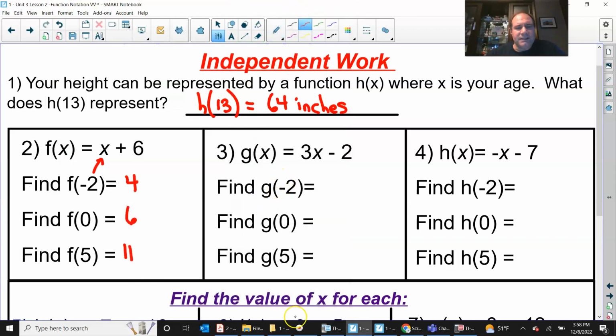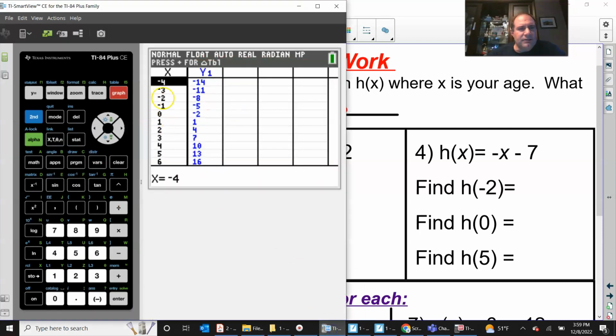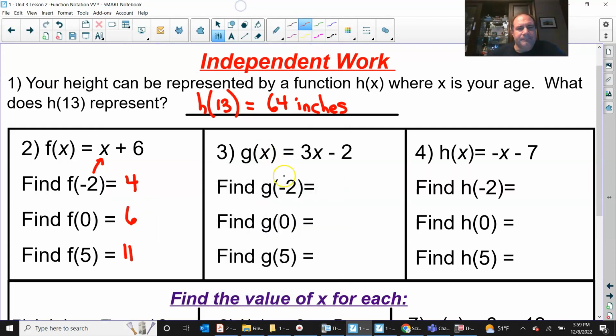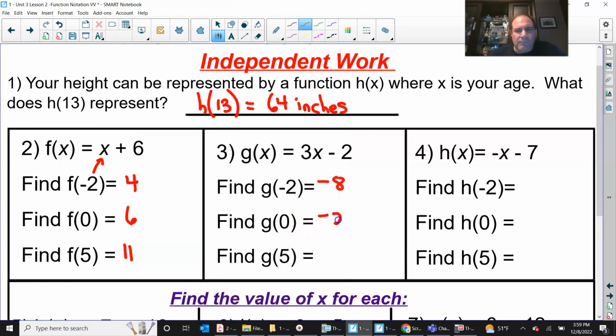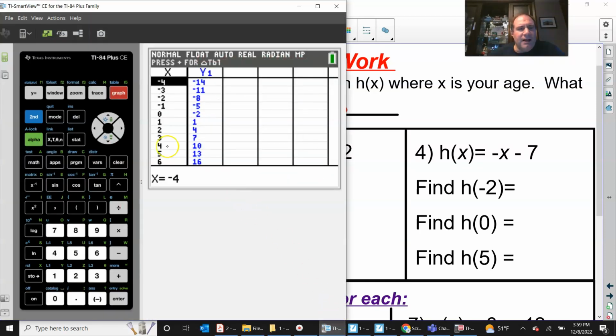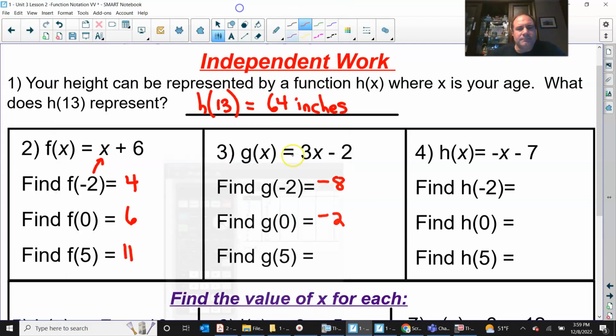So the first one is -2. Well, I know -2 is -8. I know 0 is -2. And I know 5 is 13. And think about it. 5 times 3 is 15 minus 2 is 13.